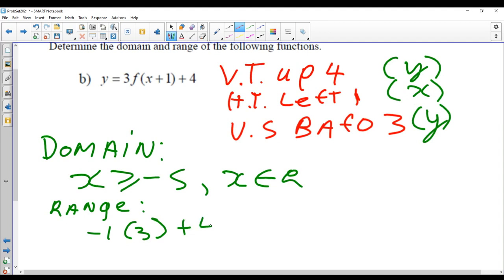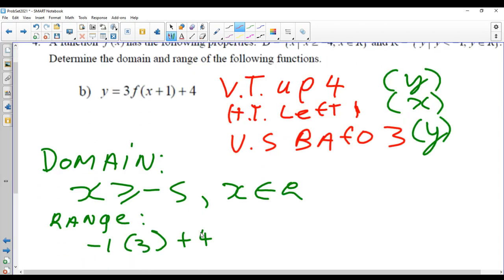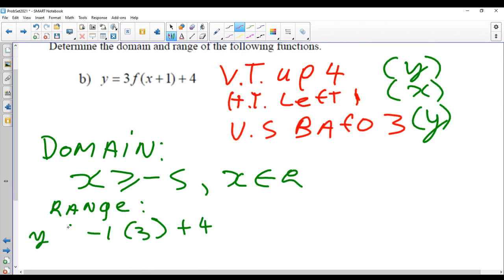Plus 4, correct? Okay, so what's that? What is that going to be? I hope you're not using a calculator. What's the answer? 1? Good. Y is less than 1.